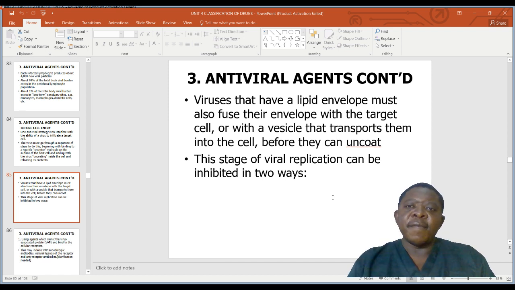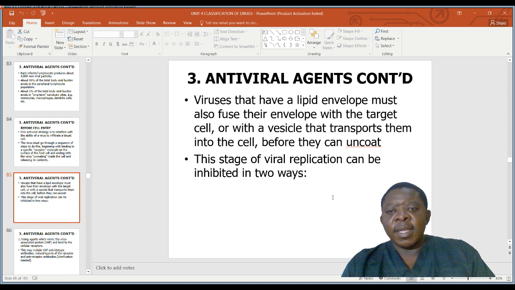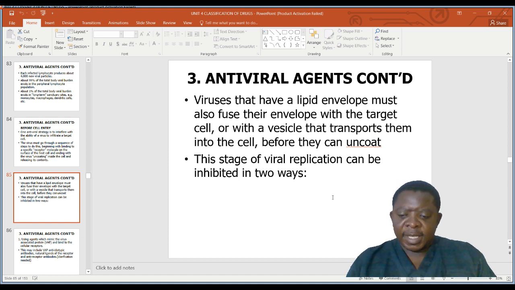Viruses that have a lipid envelope must also fuse their envelope with the target cell or with the vesicle that transports them into the cell before they can uncoat. Okay, so this stage of viral replication can be inhibited in two ways.